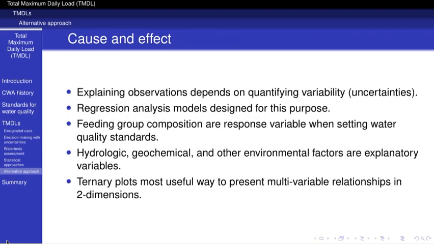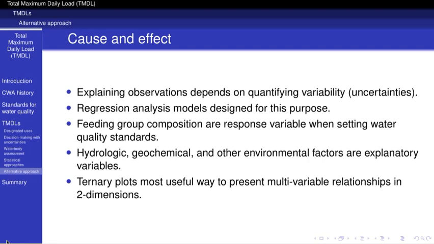Before determining whether a permitted activity has adverse impacts on a specific designated use, it's necessary to quantify inherent natural variability. Regression analysis is the class of statistical models that measures the relationship between the value of a response variable and the measured range of explanatory variables.